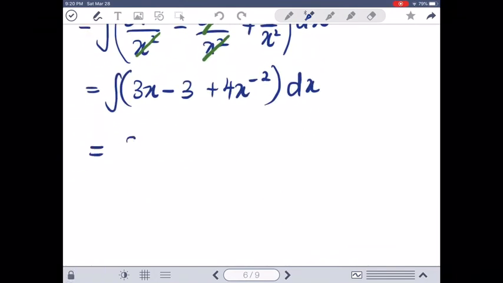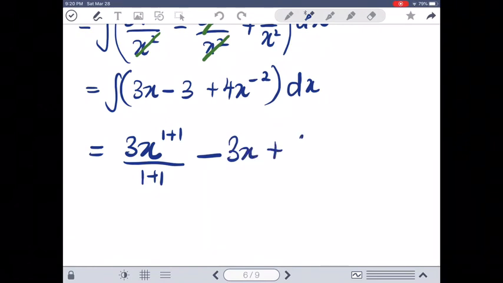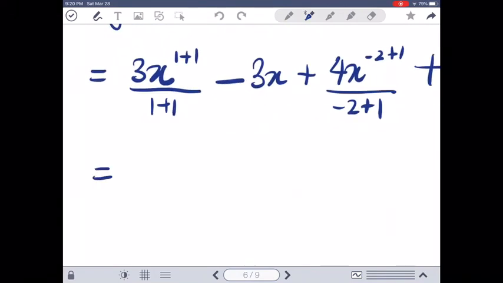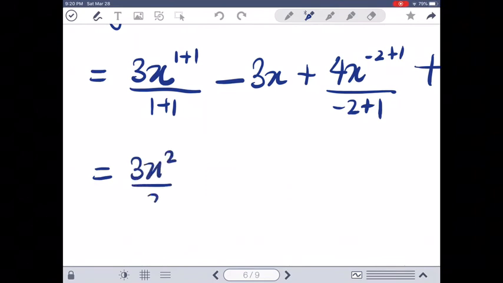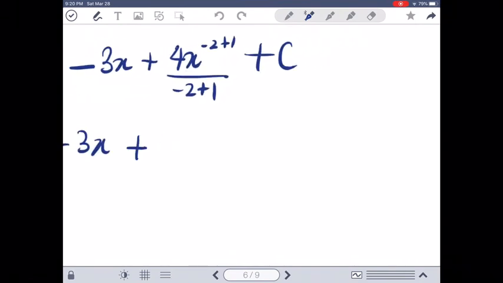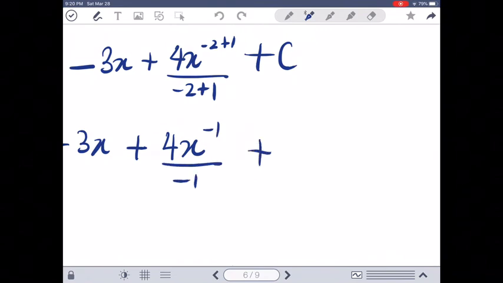So it will become 3x to the power of 1 plus 1 over 1 plus 1, minus 3x, plus 4x to the power of negative 2 plus 1 over negative 2 plus 1, plus c. Simplify everything. We should get 3x squared over 2 minus 3x plus 4x to the power of negative 1 over negative 1 plus c.